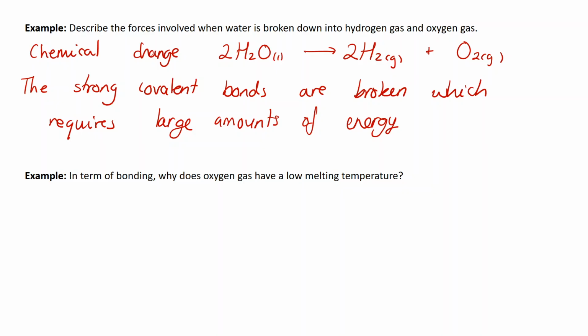Okay, in terms of bonding, why does oxygen gas have a low melting temperature? It also has a really low boiling temperature because it is actually a gas at room temperature, and it's just because of the weak van der Waals forces.